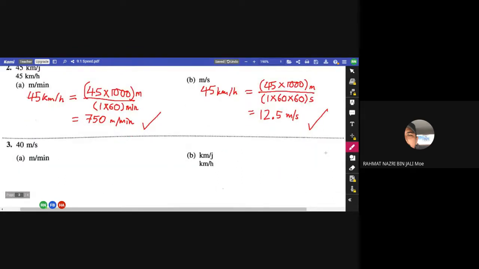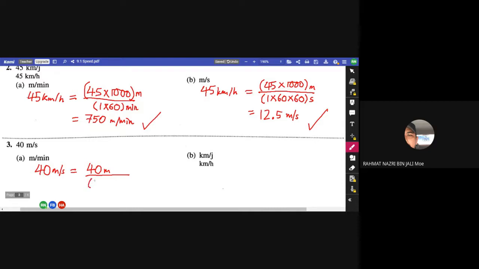Okay, next, question number 3. 40 meter per second, convert to meter per minute. The smaller unit here, we convert to the bigger unit, minute, so we have to divide it. 40 meter per second, convert it to meter. Okay, the distance didn't change, but the time is changed from second to minute.